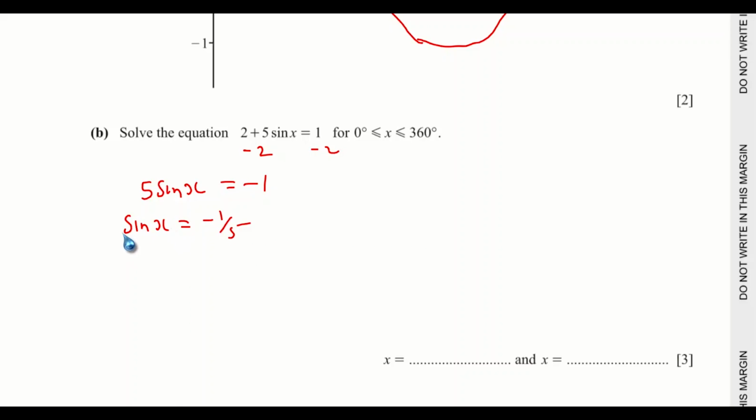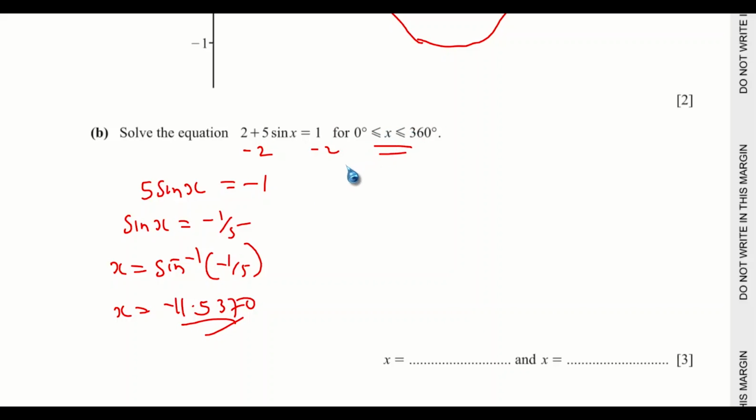Now we can take sine inverse of both sides, so x equals sine inverse of -1 over 5. So finally x equals -11.5, thereabout. This is a negative angle, which is outside the given interval, so we need to find where sine is negative.